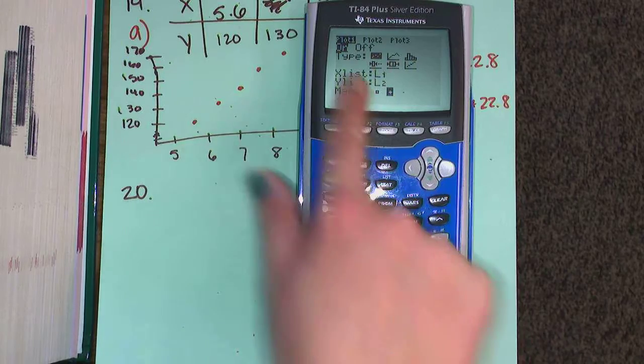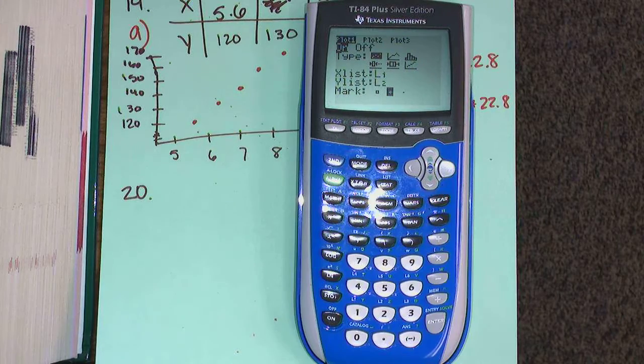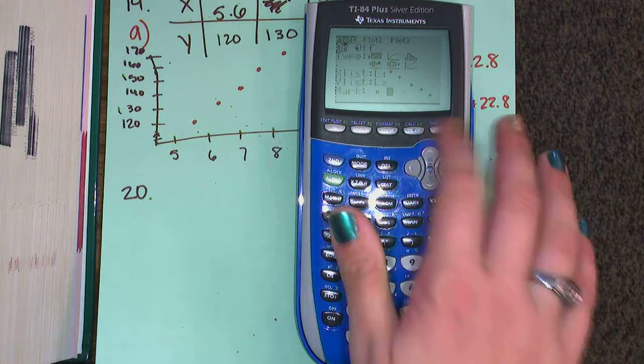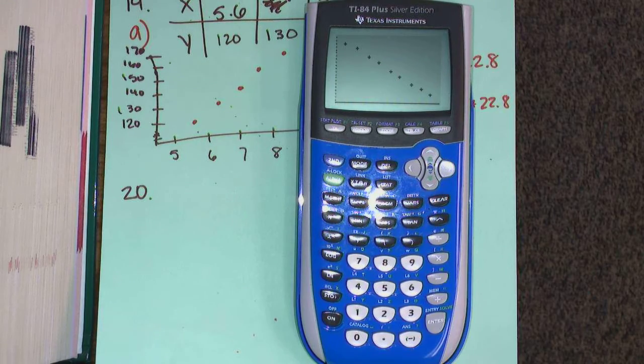If you hit it while you're up in any of this other stuff, it won't work. That probably means you don't have the right number of points in each list. Yeah, you're missing a number somewhere because your lists aren't even, so it won't graph it.